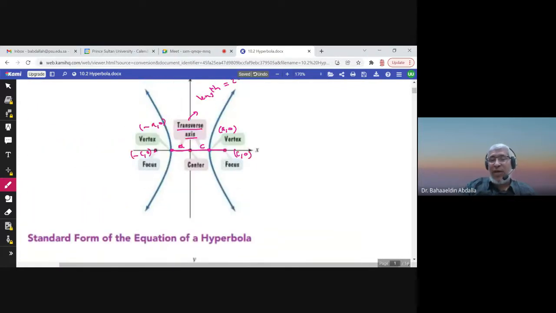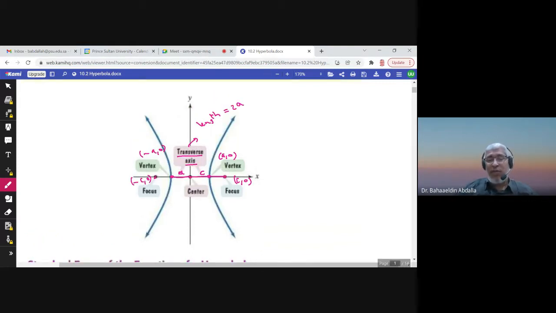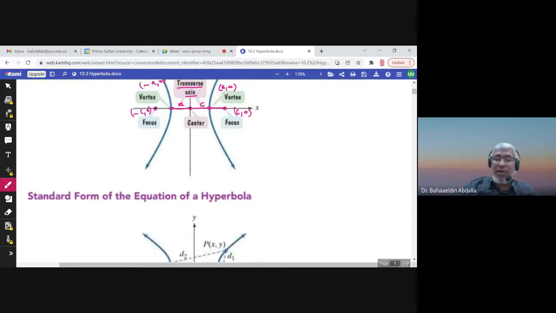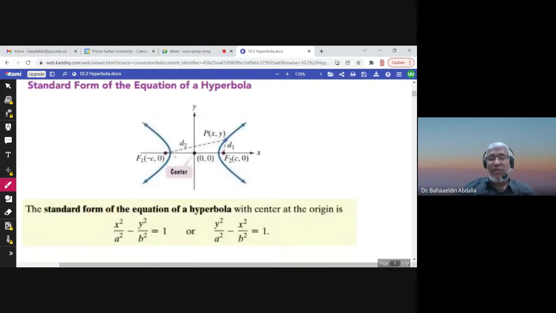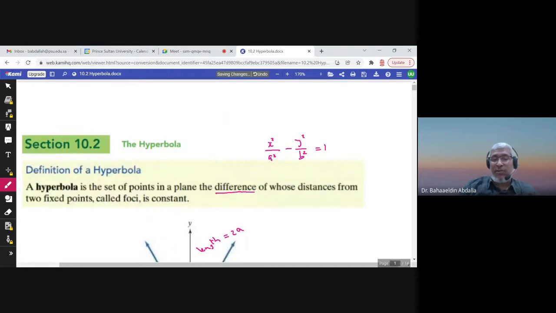So we will have two kinds of hyperbola. If the transverse axis is horizontal like this, we will call it a horizontal hyperbola. And the equation, if you use the definition, that this is the point P, it lies on the hyperbola if the difference between P and F1 and P and F2 equals a constant.